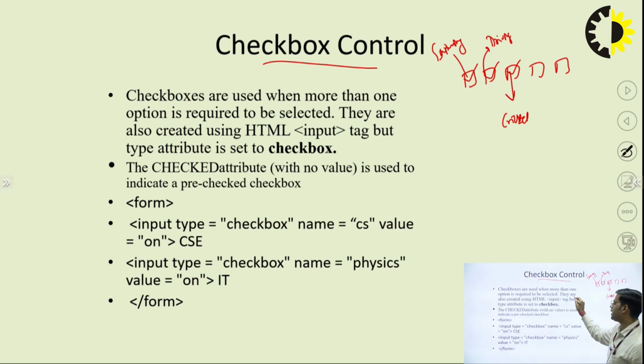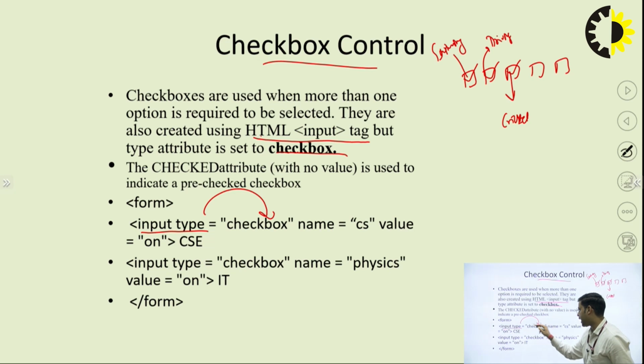So if more than one option is required, then you can select more than one option through the checkbox. They are also created using the HTML input tag, but the type attribute is set to checkbox, like this. Here is your form tag, input type, and type is the attribute regarding the input tag, and what we mention in the type, the value is checkbox.